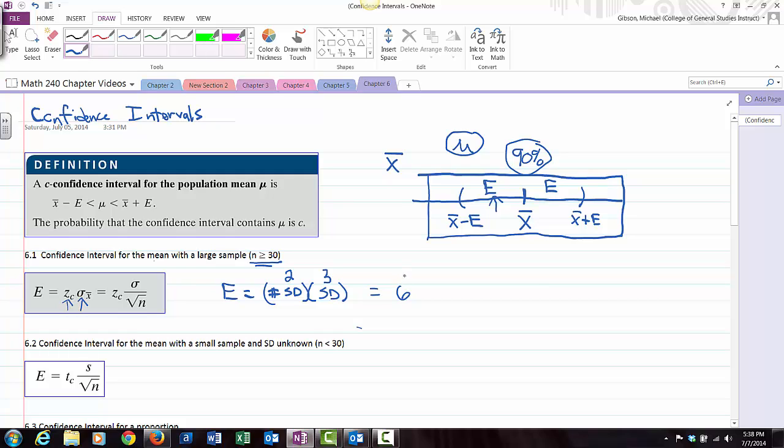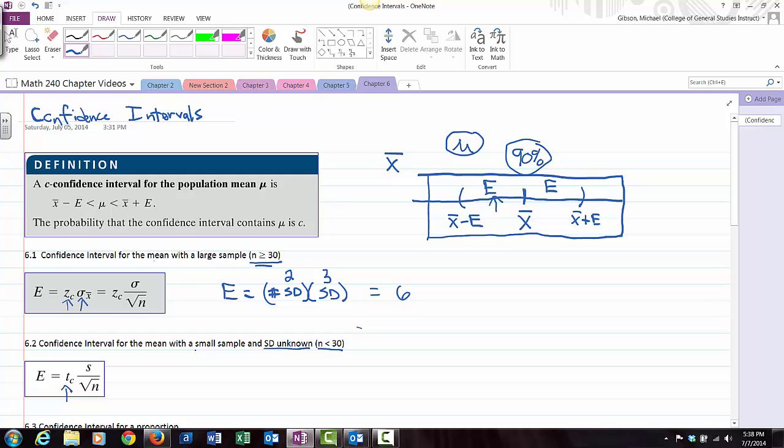Now, when you get to 6.2, in this case, the standard deviation of the population is unknown. The sample size is less than 30. In that case, as you'll learn, the normal distribution doesn't work. Okay, so we have to use something called the t-distribution.